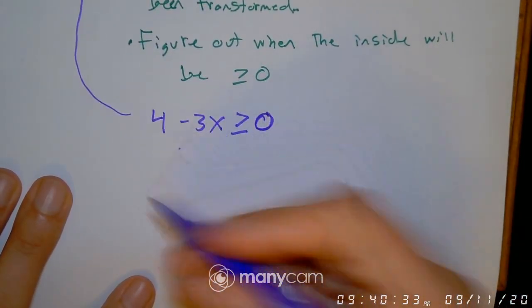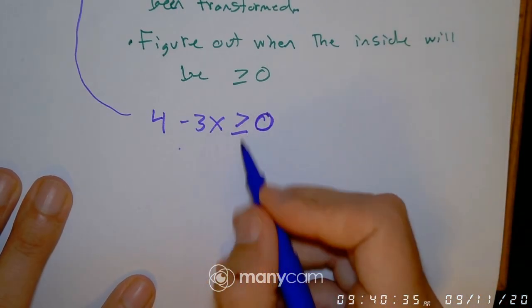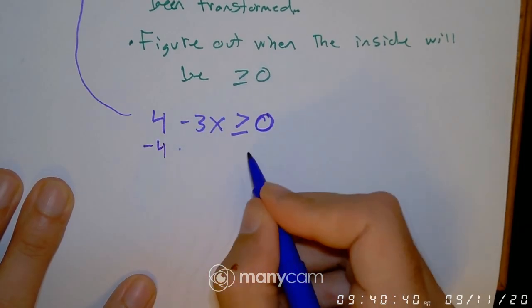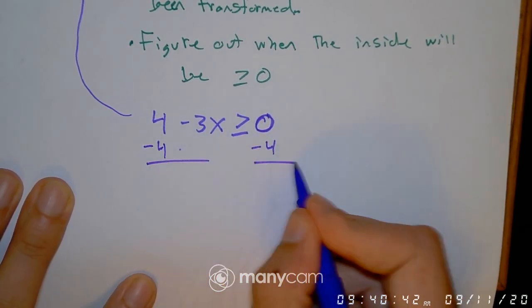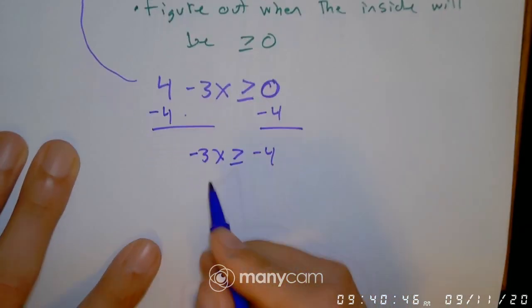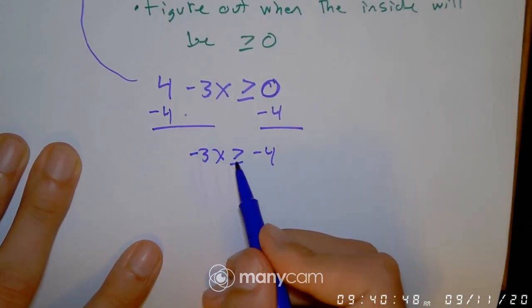Now you have to be really careful, and I'm glad I'm doing this example, because remember, something weird comes up when we're dealing with inequalities. So if I subtract 4, the problem here is going to be with this negative.